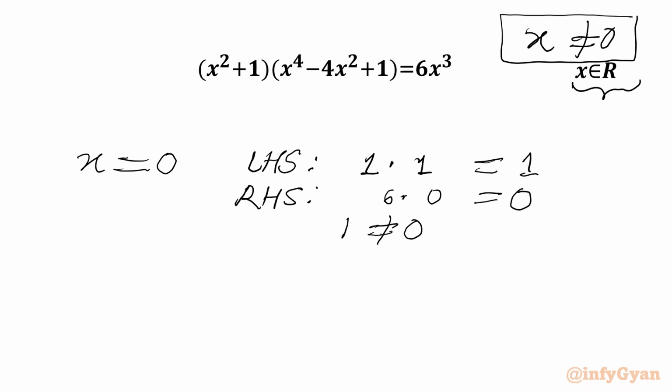Now we will divide both sides by x cube so that we can cancel x cube from the right hand side.